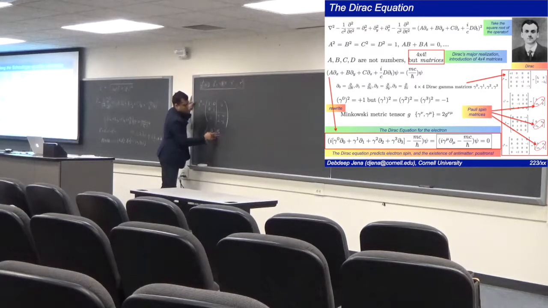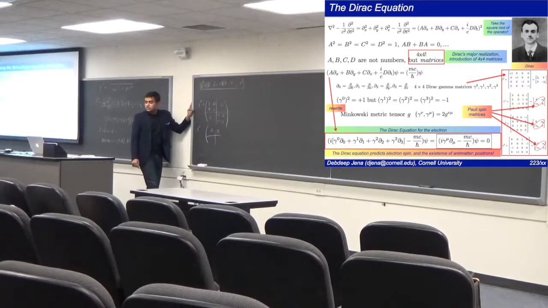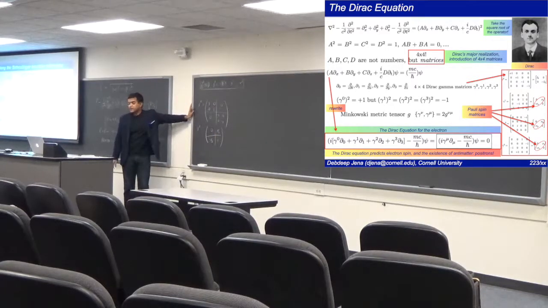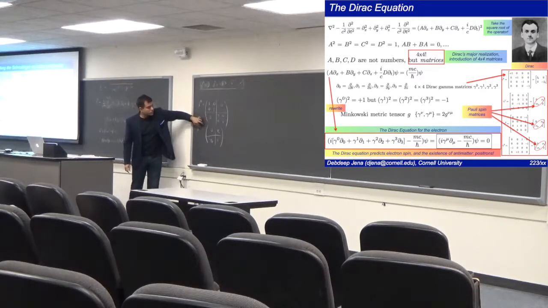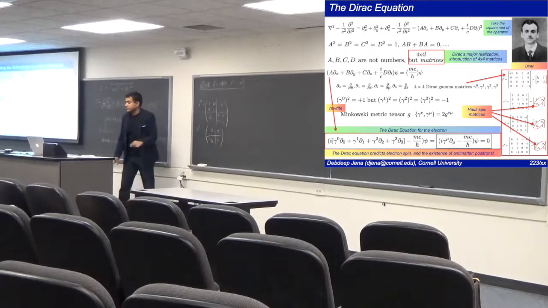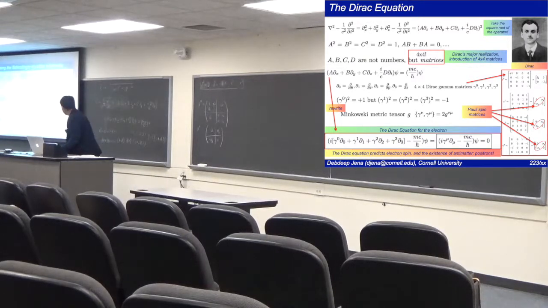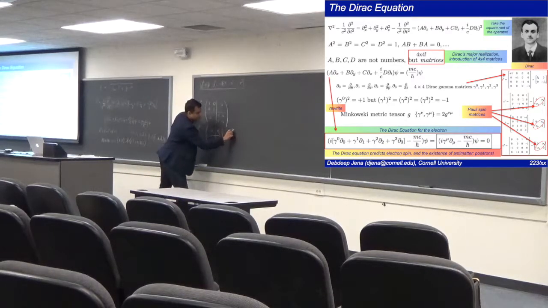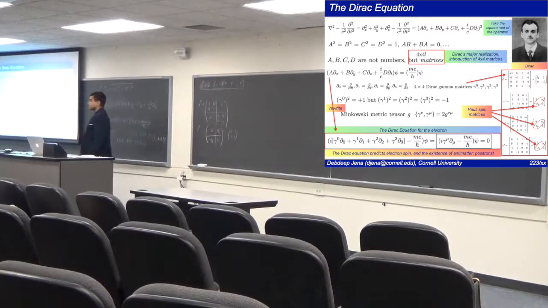This is the Pauli spin matrix now, sigma x. Pauli spin matrix, sigma x and minus sigma x and 0. And similarly, sigma 2 would be Pauli spin matrix y, and sigma 3 will be Pauli spin matrix Z. So for example, the Pauli spin matrix 1 would be 0, 1, 1, 0, something like that, for example. Right? So these are spin matrices.